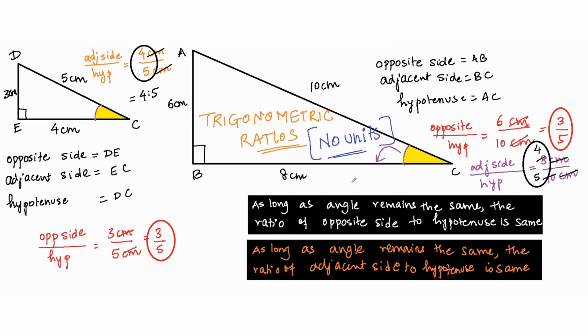There is no unit to these ratios, and we will now study more about these trigonometric ratios. These trigonometric ratios are also known as T ratios. So now I am going to pause for a minute. I am going to let you take a look at all these calculations that we did here, and after a minute we will study this particular topic in greater detail.